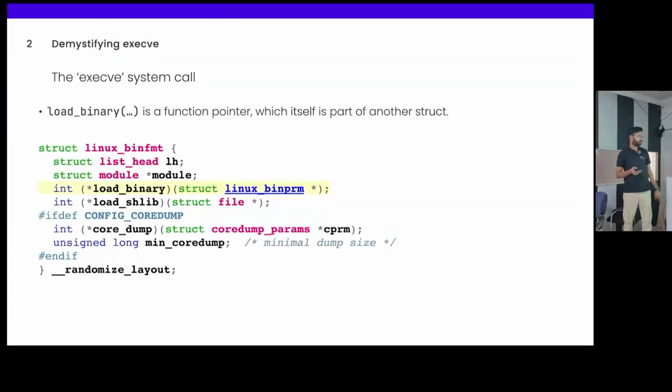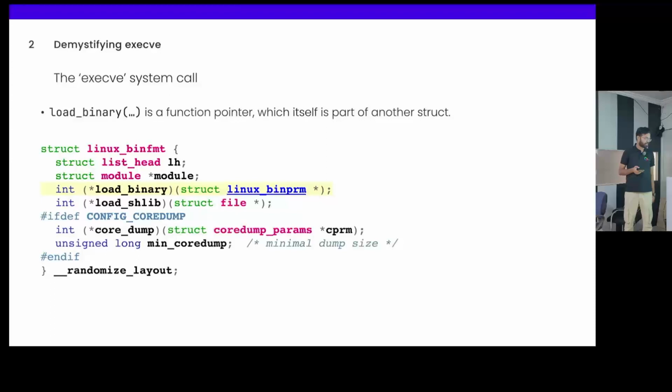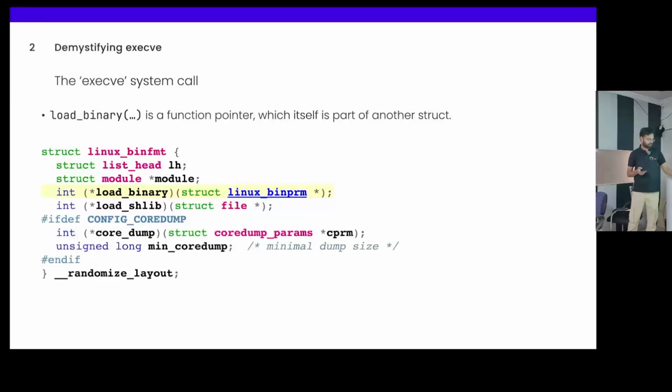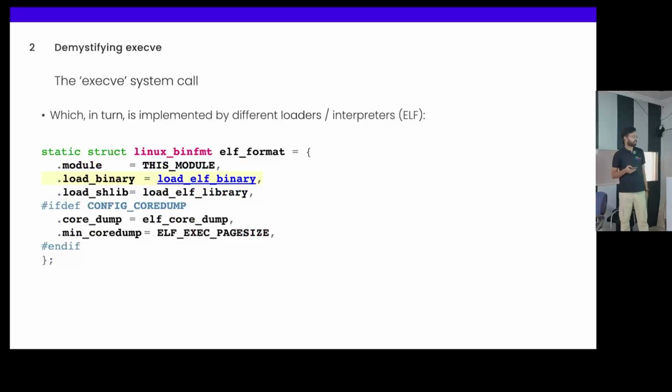And then in load binary, there are a lot of function pointers that are configured at time of execution. Now here there is one more interesting part, and there are structures like this which define how many formats kernel can handle.